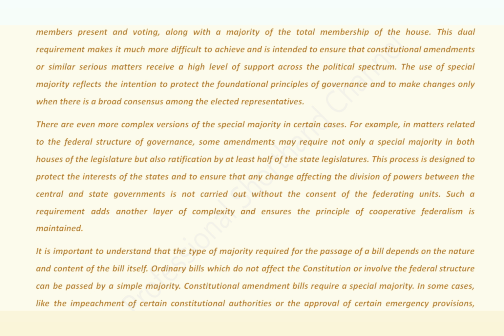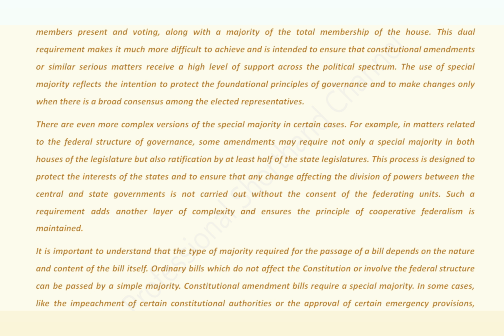It is important to understand that the type of majority required for the passage of a bill depends on the nature and content of the bill itself. Ordinary bills which do not affect the Constitution or involve the federal structure can be passed by a simple majority. Constitutional amendment bills require a special majority.